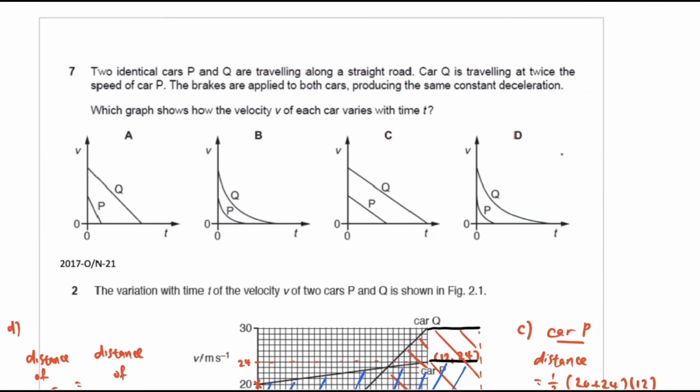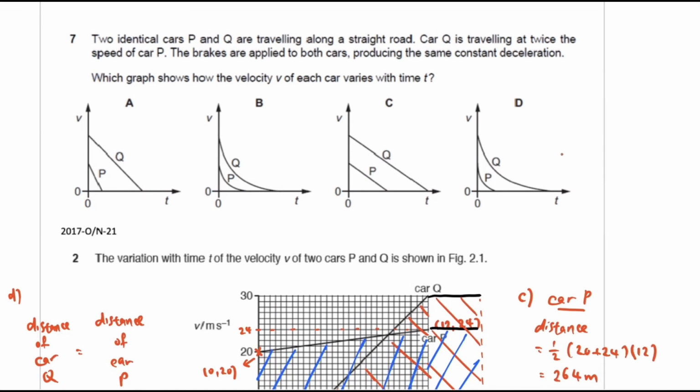Okay, now let's see this also. Two identical cars P and Q are traveling along a straight road. Car Q is traveling at twice the speed of car P. The brakes are applied to both cars, providing the same constant deceleration. This constant deceleration is important.